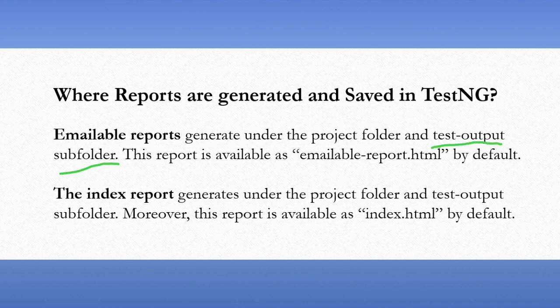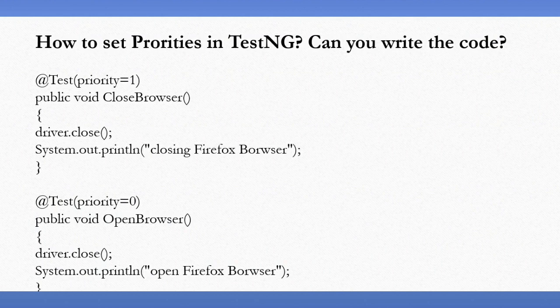This report is available as emailable-report.html by default, whereas the index report is generated under the project folder and test-output subfolder. Moreover, this report is available as index.html by default.